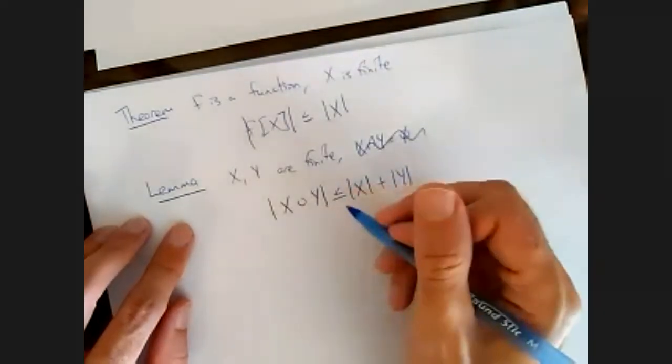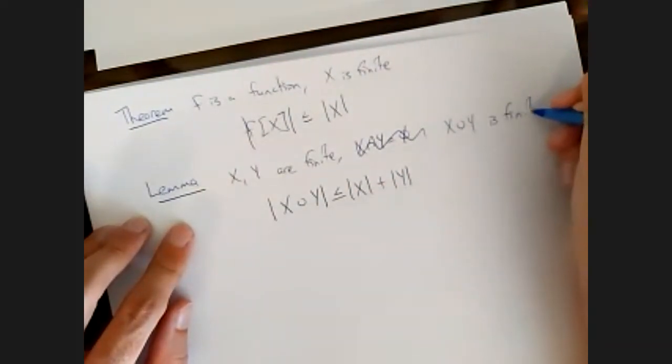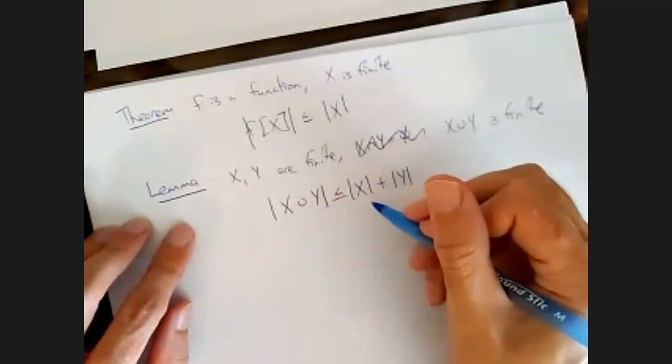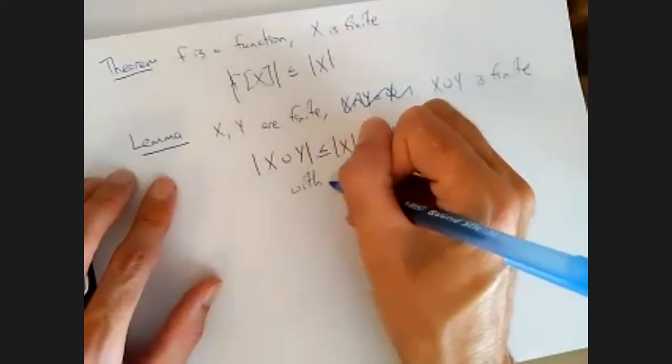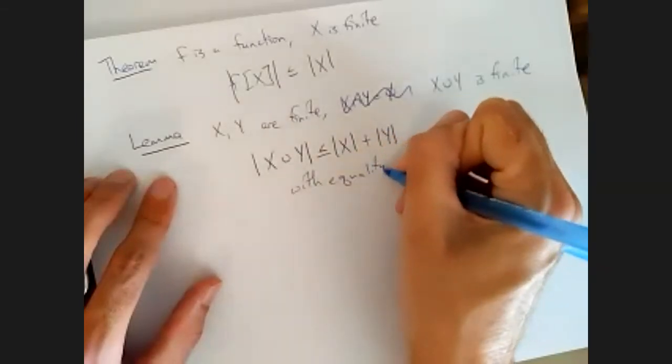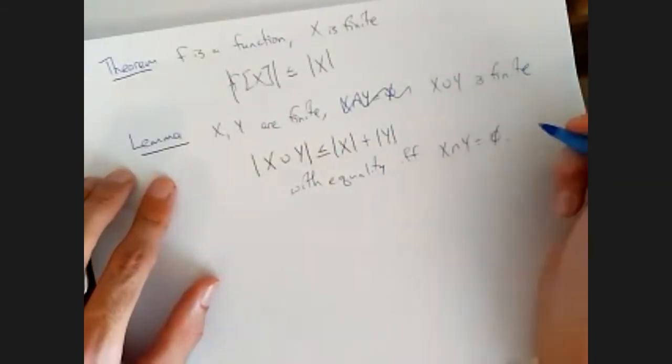So X union Y is finite, and its cardinality is less than or equal to the cardinality of X plus the cardinality of Y, with equality if and only if X and Y are disjoint.